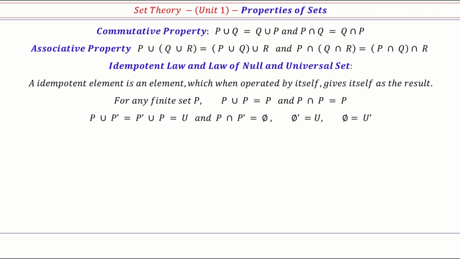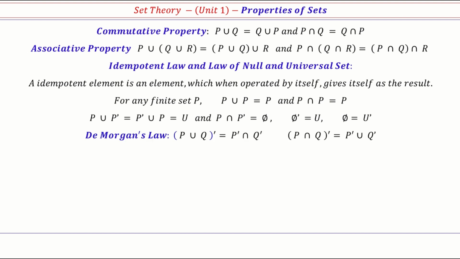P union P dash, which is P dash union P, equal to the universal set. Means all the elements which are in P union with all the elements which are not in P. That means it is a universal set. P intersection with P dash: all elements in P, all elements not in P. Obviously there is no common element, so it is phi. Phi dash is U, universal set, and U dash is phi.